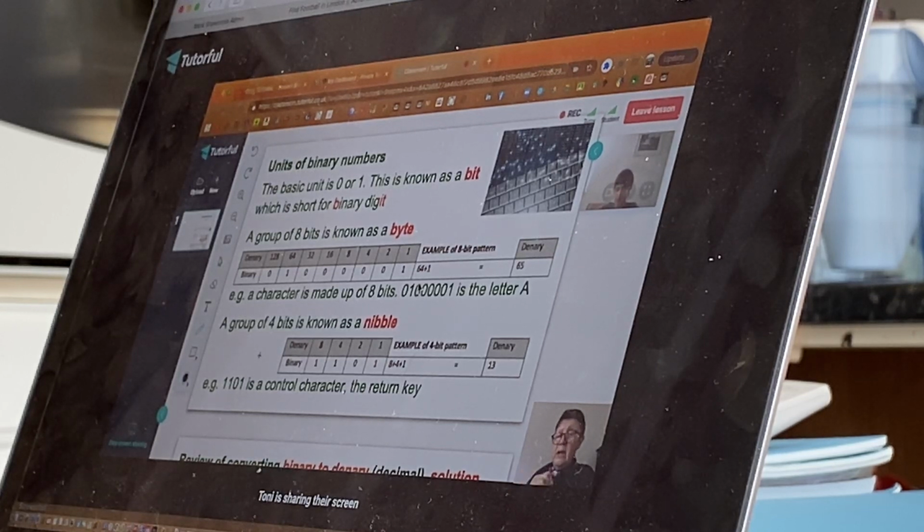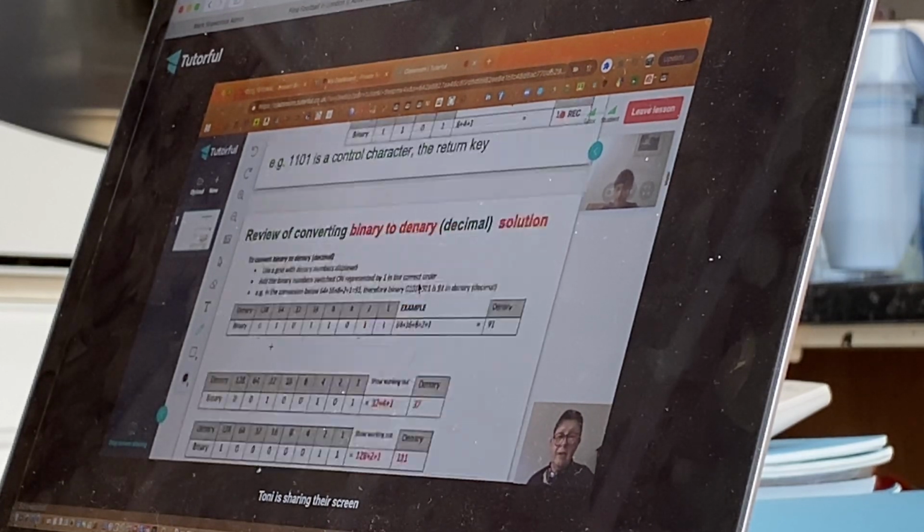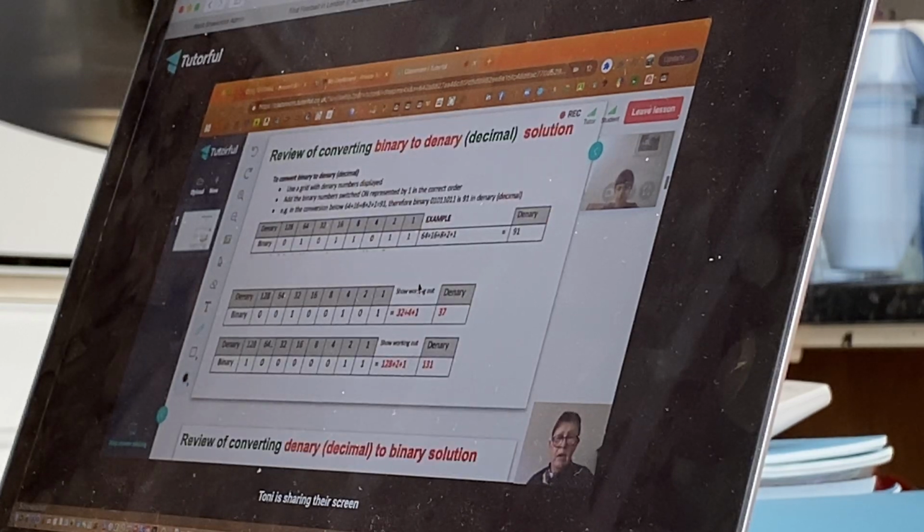Now, when we use hexadecimal, we can use just 4 bits. So we are going to use the nibble. In this case, we are only interested in the 8, 4, 2 and 1. So we've got 8, 4 and 1 switched on, which is 13. And in actual fact, this represents the return key on the computer.